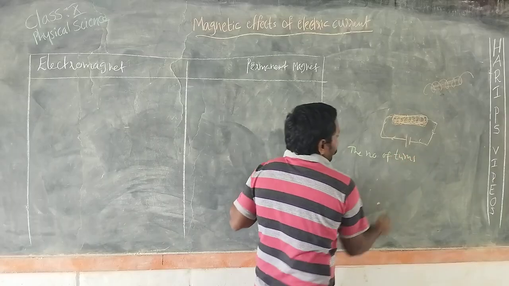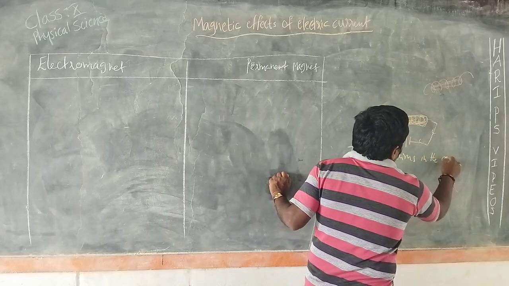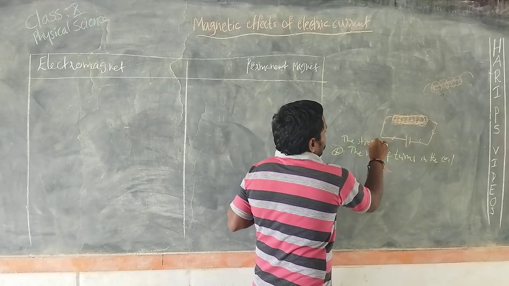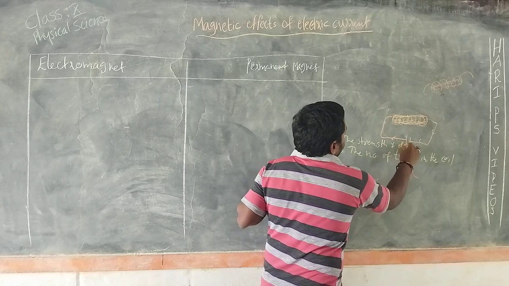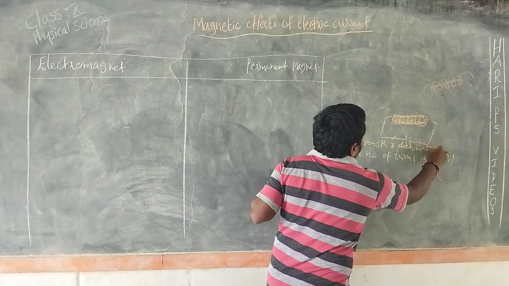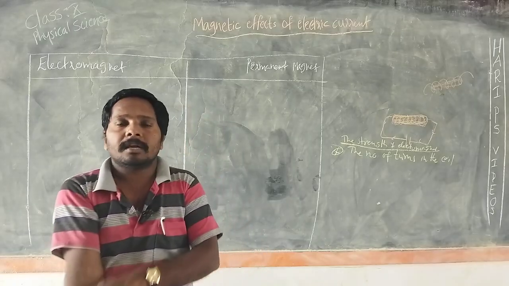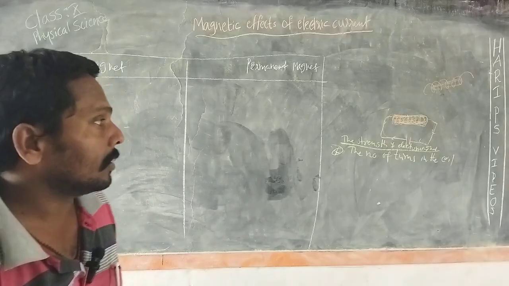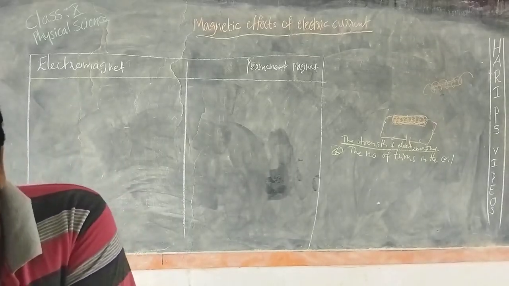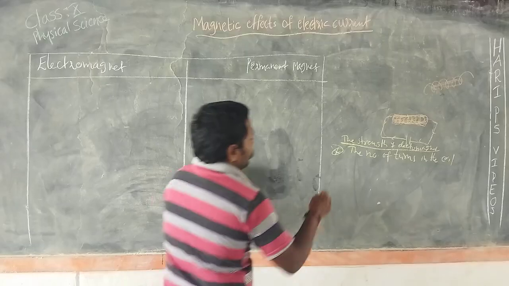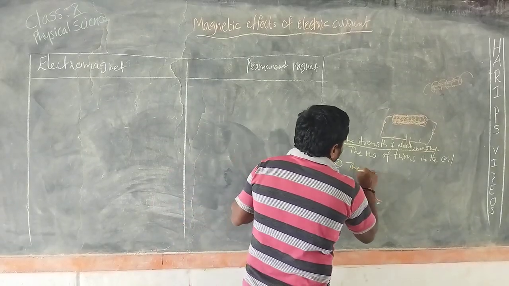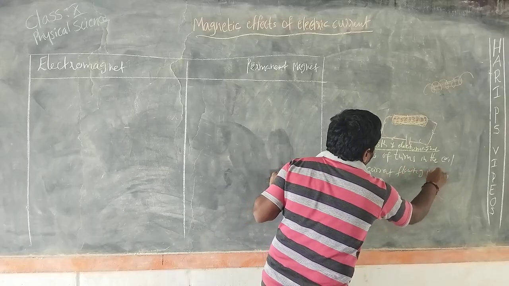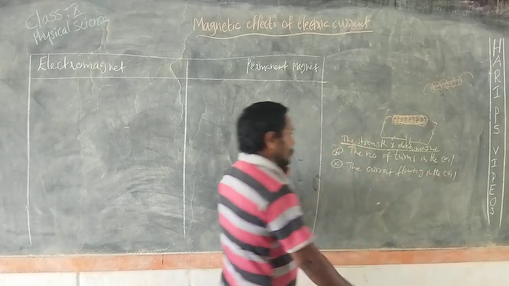They are the number of turns in the coil, and the current flowing in the coil.